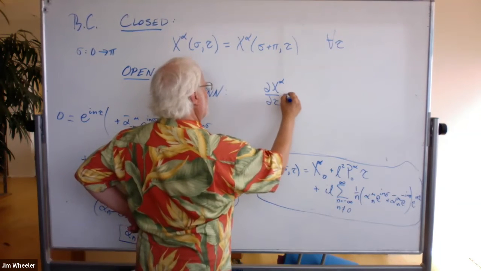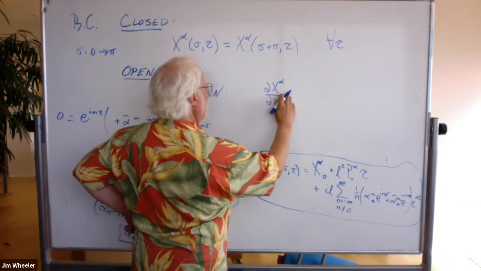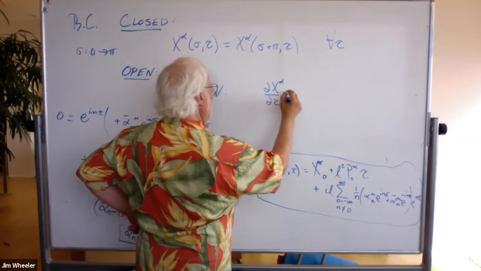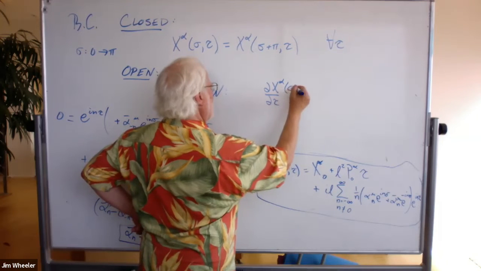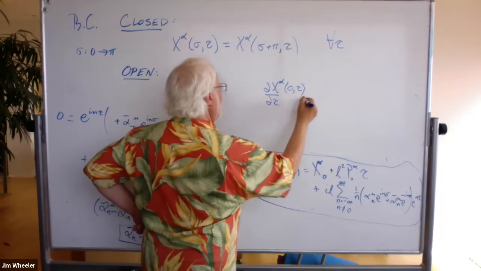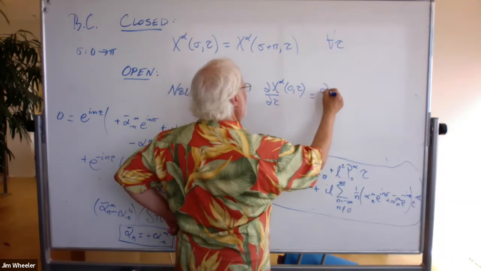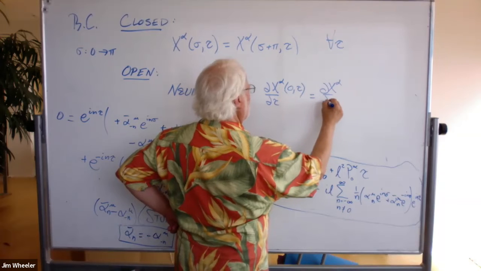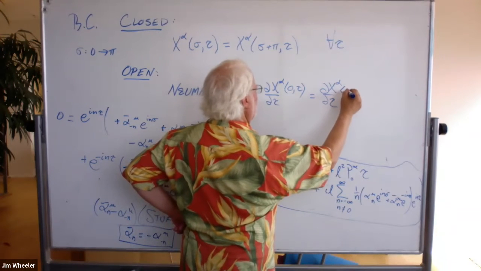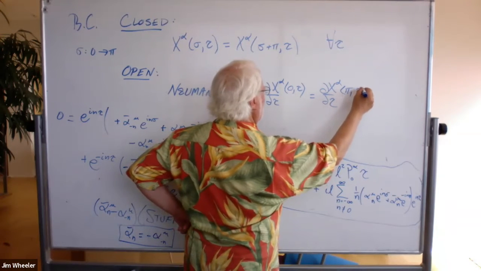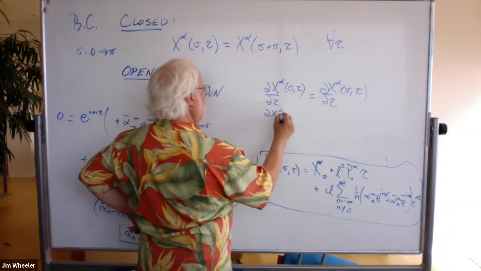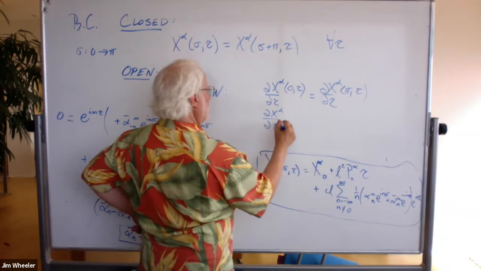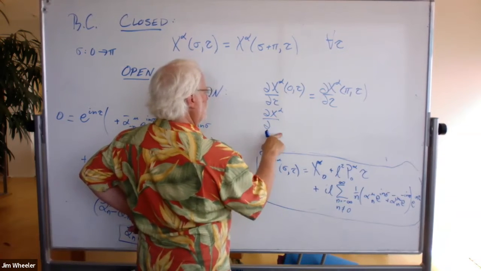So d sigma, d tau at 0 and tau has to equal the alpha d tau at pi and tau for all tau, and a similar condition for the sigma derivatives.